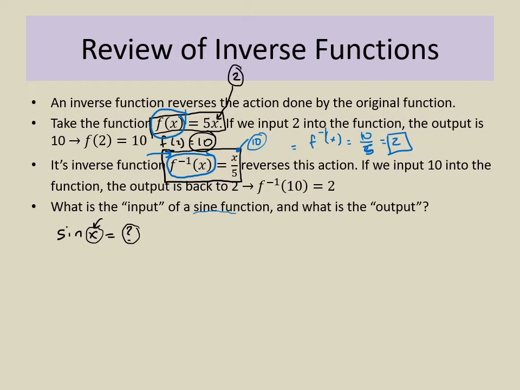Well, hopefully you guys were able to recognize that the input of the sine function is usually an angle, right? So sine of 30 degrees, for example, or, you know, it could be an angle in degrees or in radians. So sine of 30 degrees or pi over 6 or 180 degrees or 3 pi over 2.